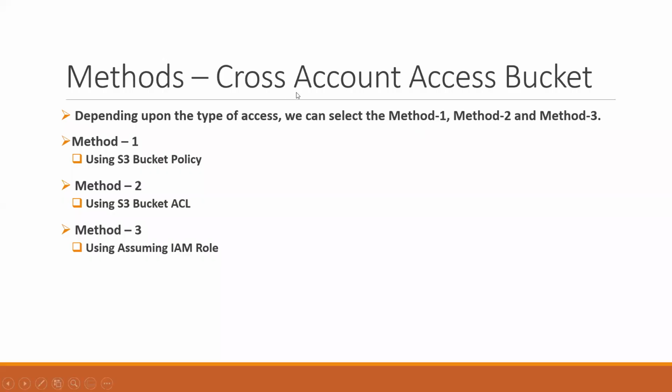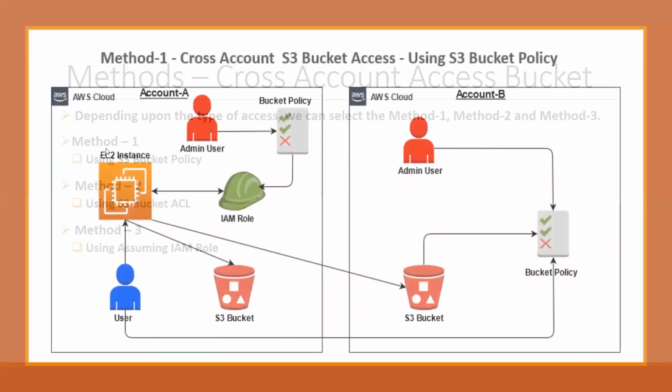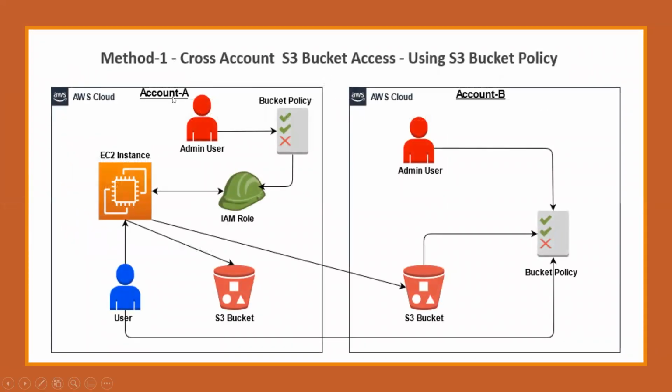Now you can see the cross-account bucket access methods. There are three methods I mentioned at a high level. The first one is the bucket policy, the second one is the bucket ACL, and the third one is assuming IAM roles. We will discuss them one by one. Now this is the first method. In this method, in account B where the S3 bucket is located, the admin user will create the bucket policy and implement it there.